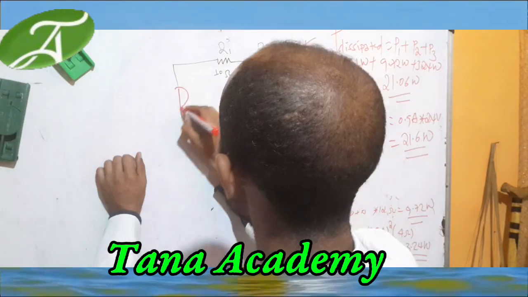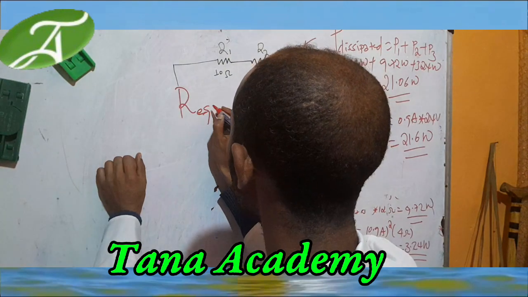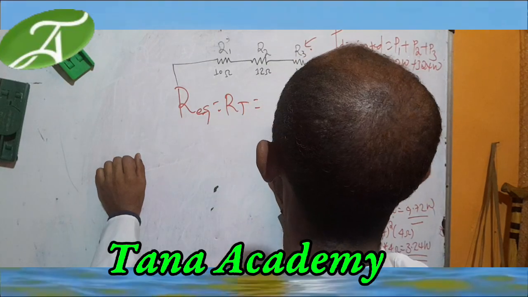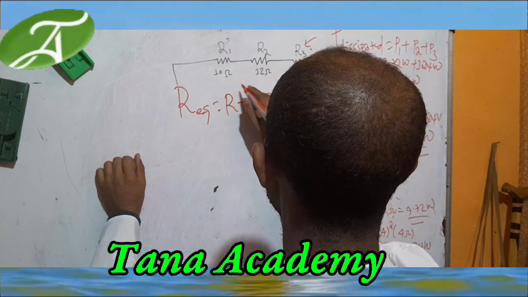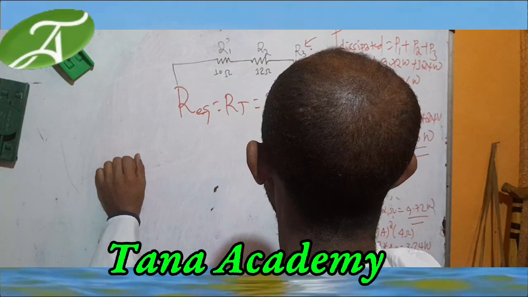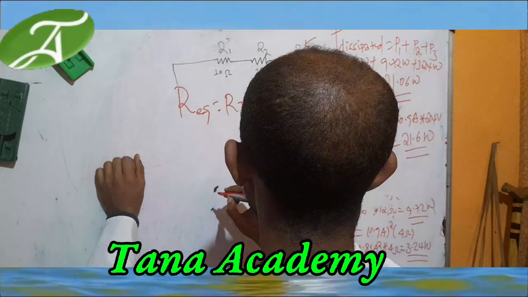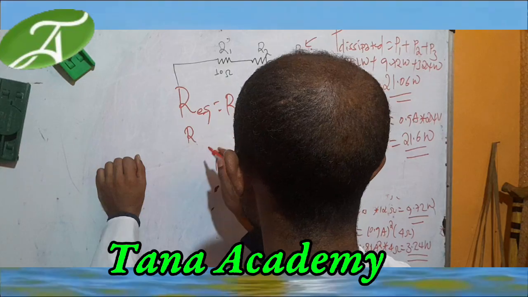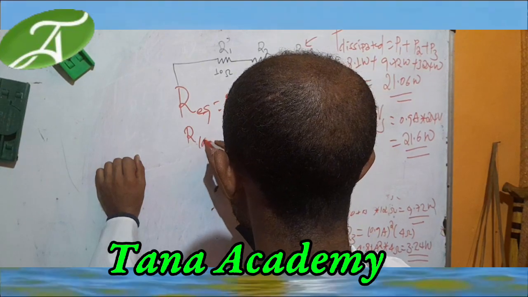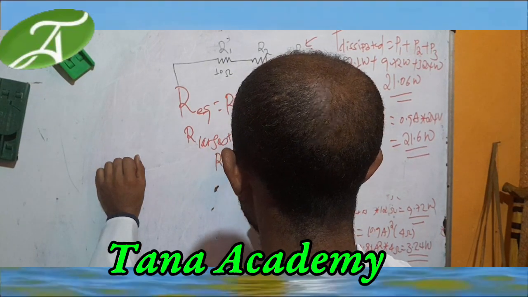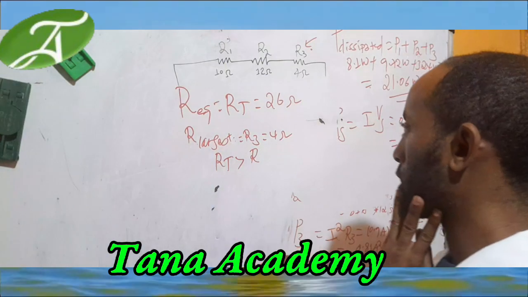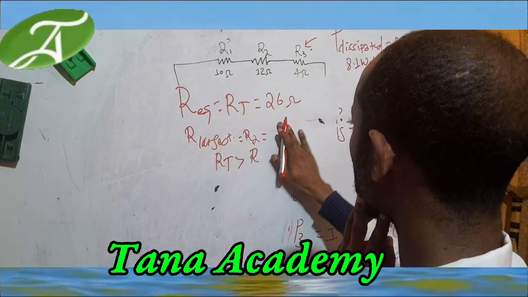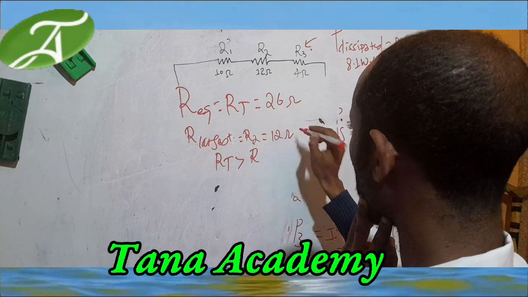R equivalent or R total is equal to how much? 26, I think so. 26 ohm. It must be smallest or it must be largest, because we are going to compare. Largest is R2, equal to 12 ohm.